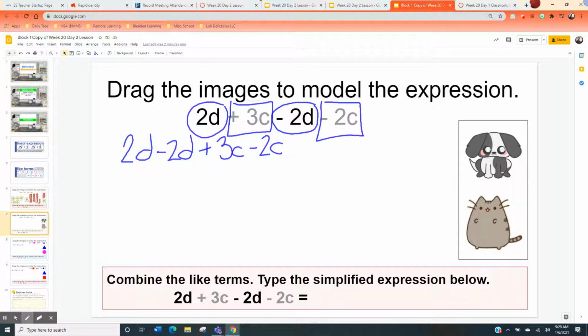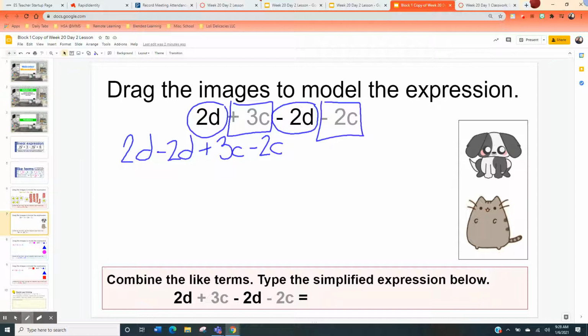So notice, because of our pictures, just like we did in the last one, when you have D's and C's, or when you have two different variables, you can't combine those, because dogs and cats are not the same. Or like in our last picture, bacon and eggs are not the same. So you can't put them together.